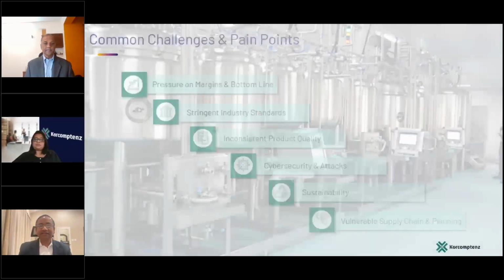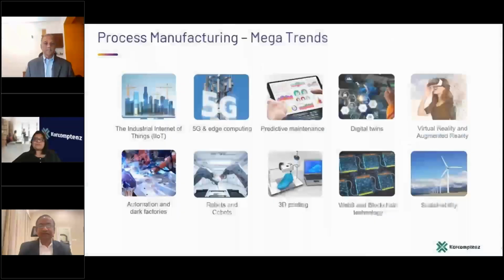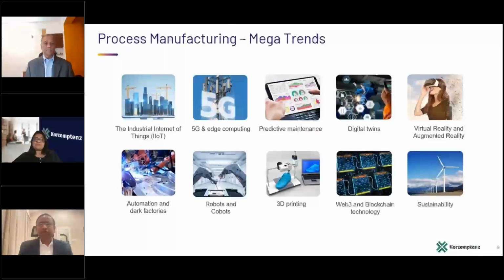Next slide, please. Here you see are some of the top trends that define manufacturing industries today. I'm not going to touch on all of them, but just a couple of them. Digital twins can be used to simulate any physical process or object.